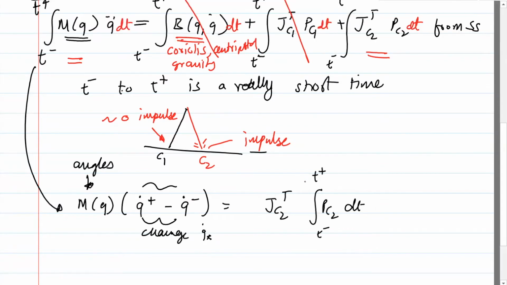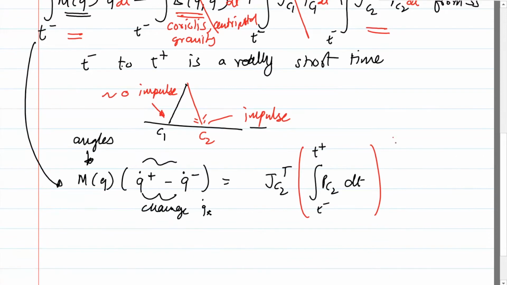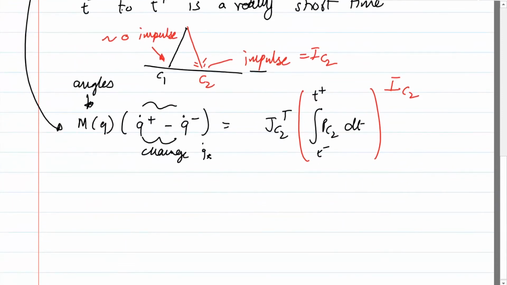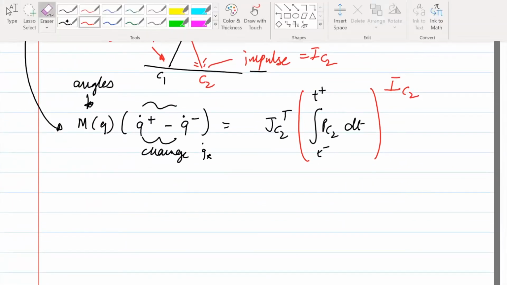So let's give it a name. I guess you can call it I C2. So that is basically the equations for foot strike.